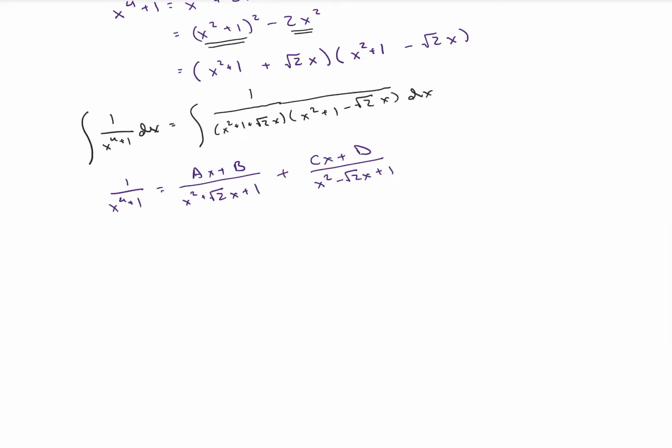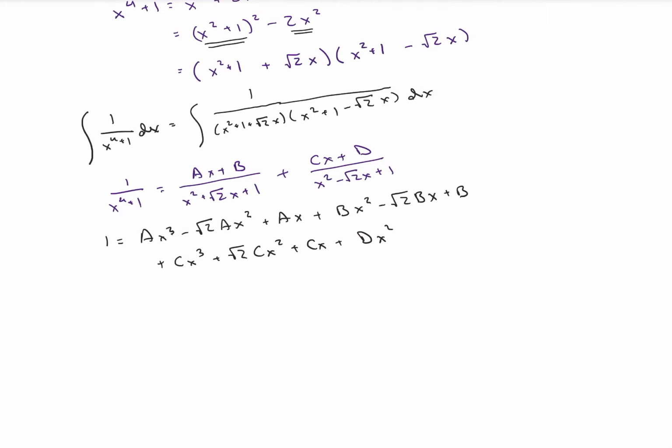When I multiply that out, I'm going to get 1 on the left is equal to ax cubed minus root 2 ax squared plus ax plus bx squared minus root 2 bx plus b plus cx cubed plus root 2 cx squared plus cx plus dx squared plus root 2 dx plus d.